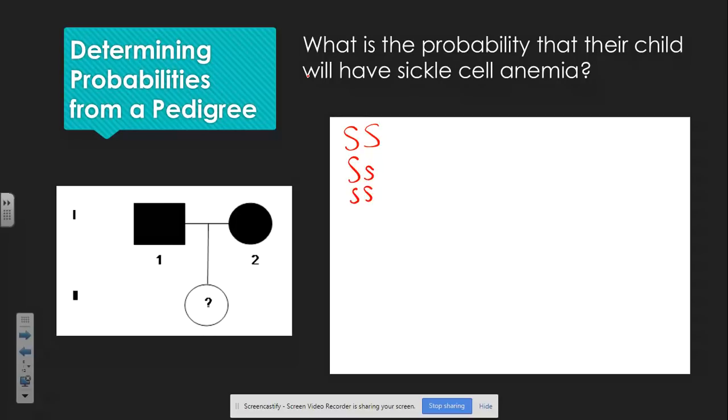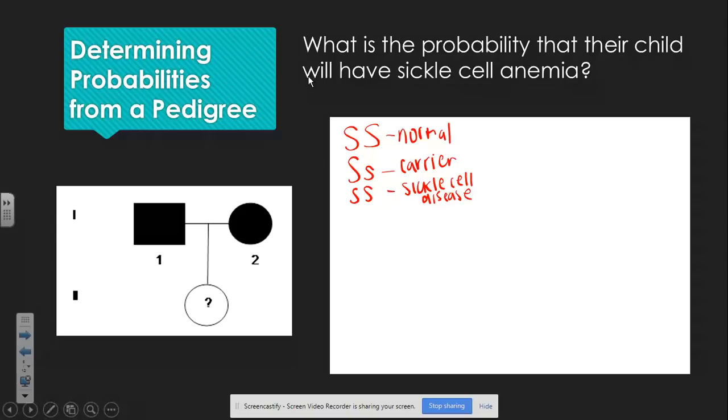This person would be normal. This person would be a carrier. And this person would have sickle cell. We're using shaded squares and circles to indicate that they are affected, so that if they are affected, they have sickle cell disease.